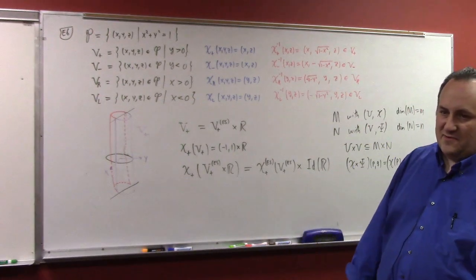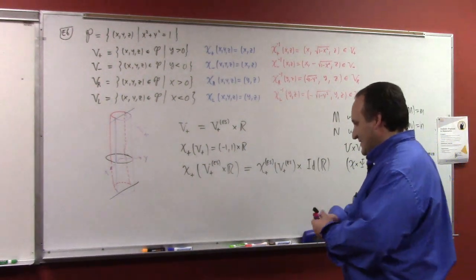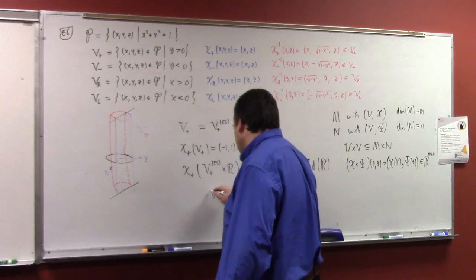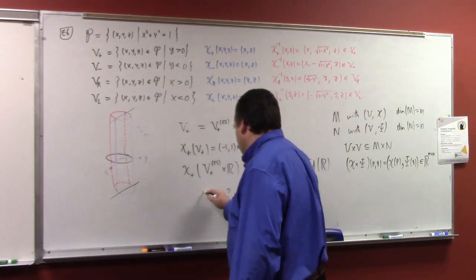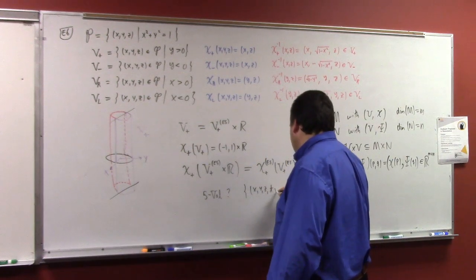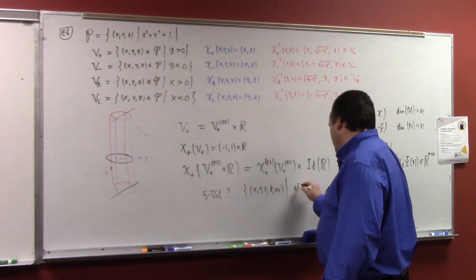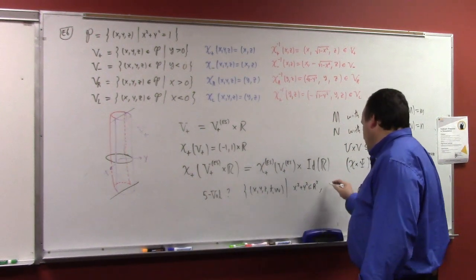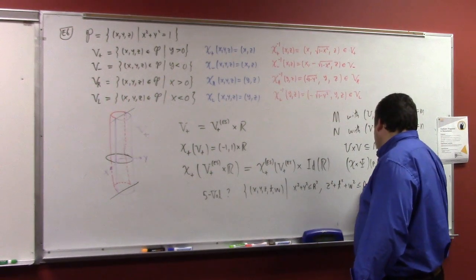Like on my Calc 3 quiz, I did this. I asked them to find the 5-volume of the set (x, y, z, t, w) such that x squared plus y squared is less than or equal to r squared, and z squared plus t squared plus w squared is less than or equal to a squared.